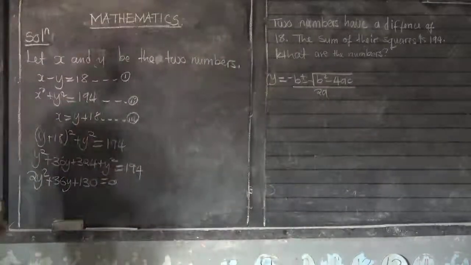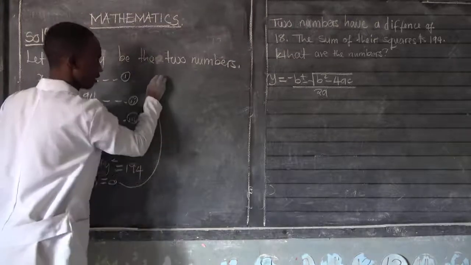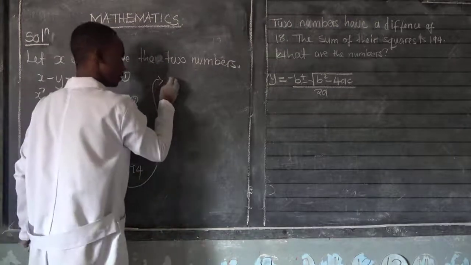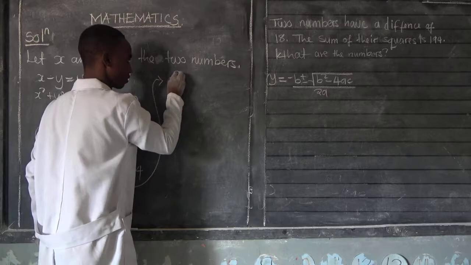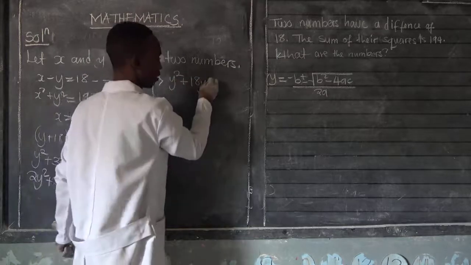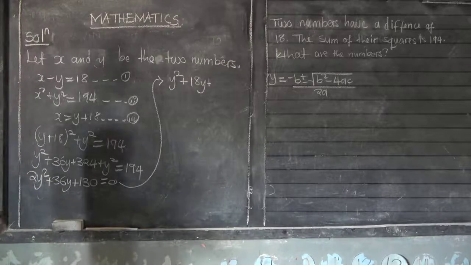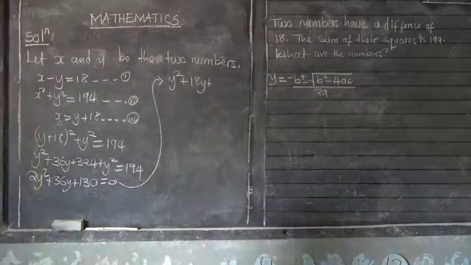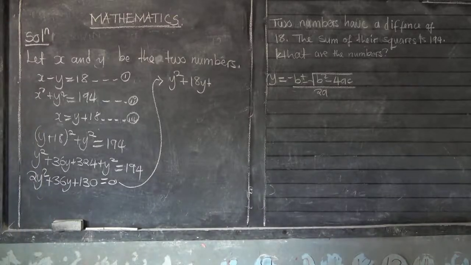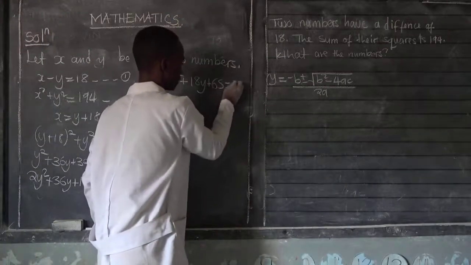But we can divide everywhere by 2 so that it becomes y squared plus 18y plus 130 divided by 2. What do you have for 130 divided by 2? You get 65, equal to 0.